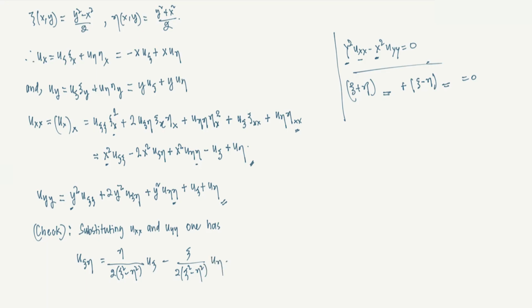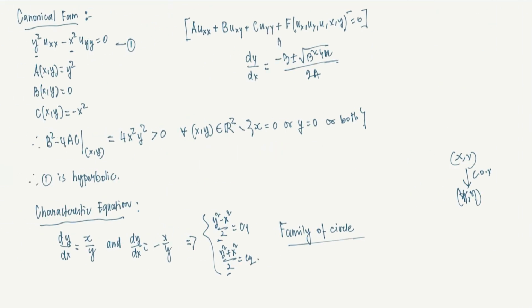Clear? So you see, these are lower order terms, and of course this is the first canonical form. If you remember, this is the first canonical form of a hyperbolic equation. In the original equation there are two complicated terms in x and y.